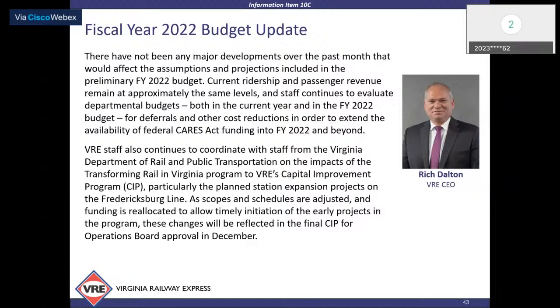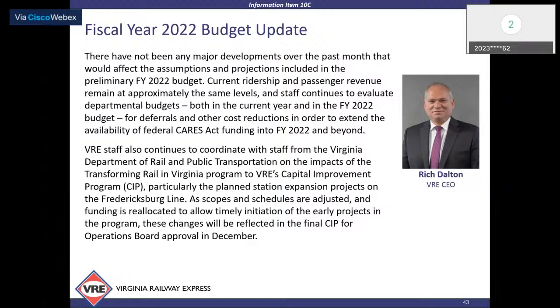I would like to emphasize again, the $86 million that we were allocated in the CARES Act represents essentially 2 years' worth of passenger revenues. We should be able to rely on that to backfill those lost passenger revenues through this year and next year, and potentially into FY23 if we need to.